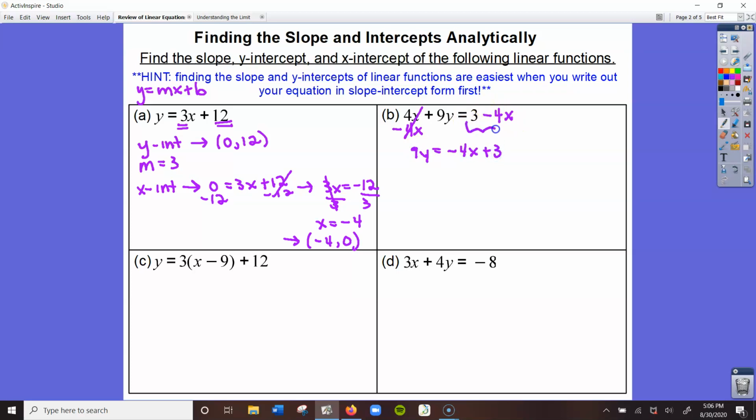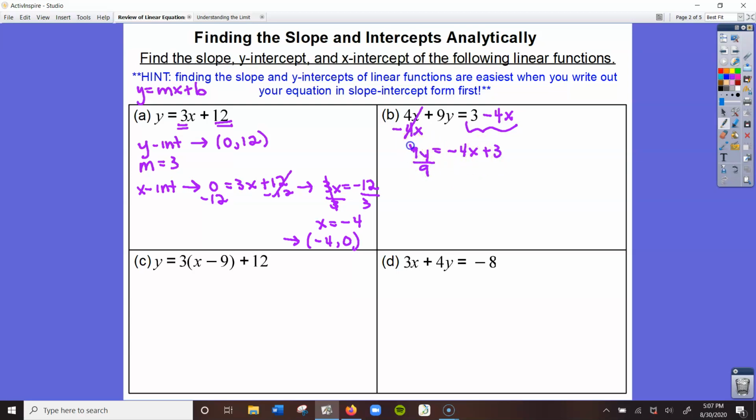Notice that I flipped this order, and that's because it's y equals mx plus b, meaning that the term with the variable x is written first. That negative is attached to the 4, so I put negative 4x, and since that 3 is positive, I put plus 3.